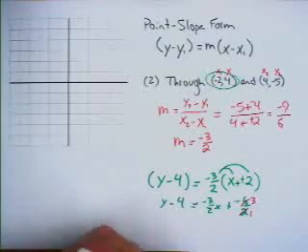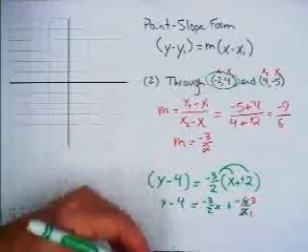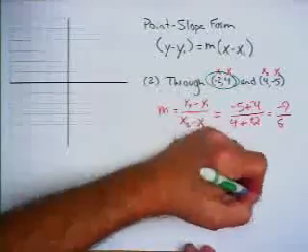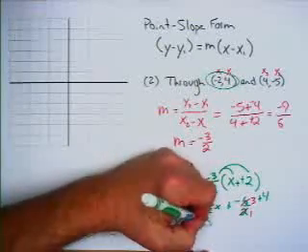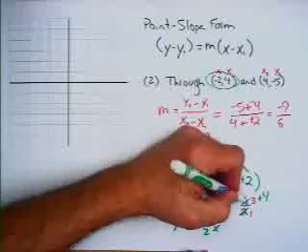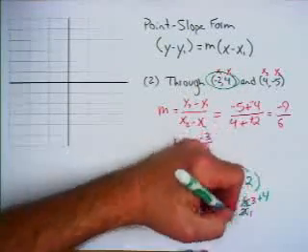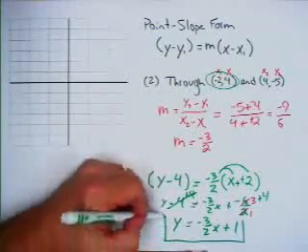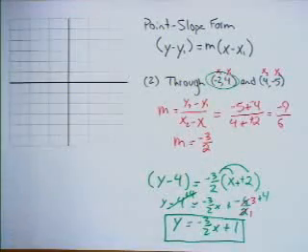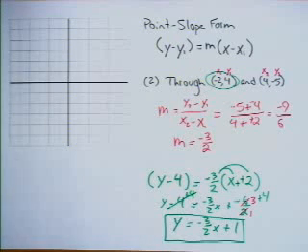So we now have a 3. If I add 4 to both sides, that gives me y equals negative 3 over 2 x minus 3 plus 4 is plus 1. So that's the equation of the line in slope-intercept form, I hope.